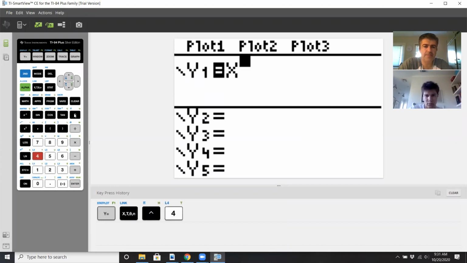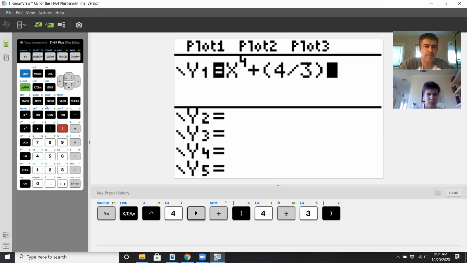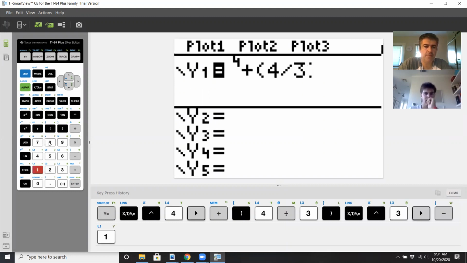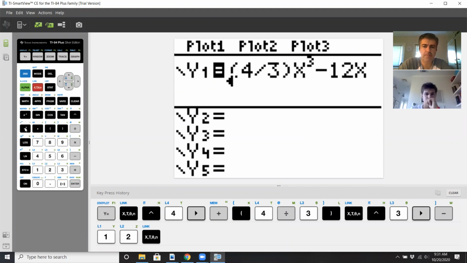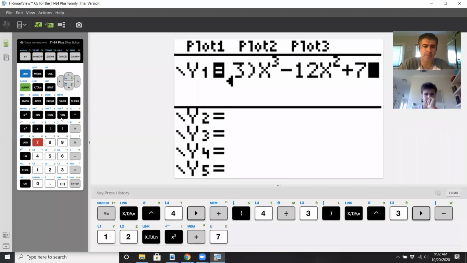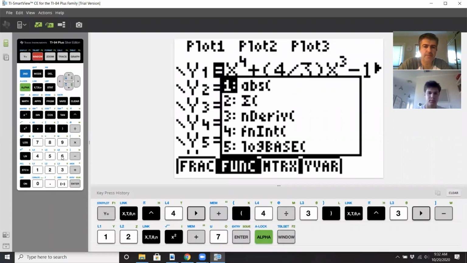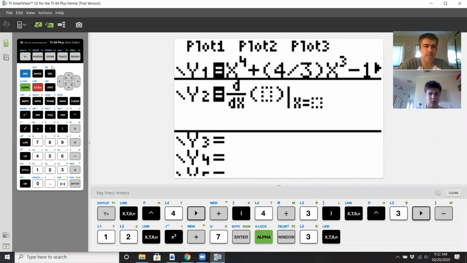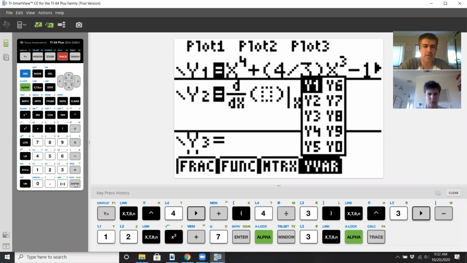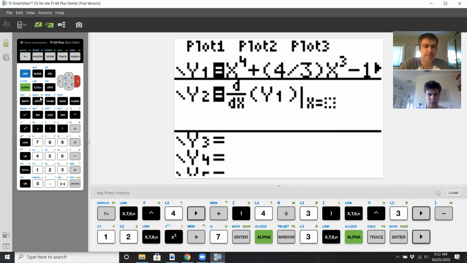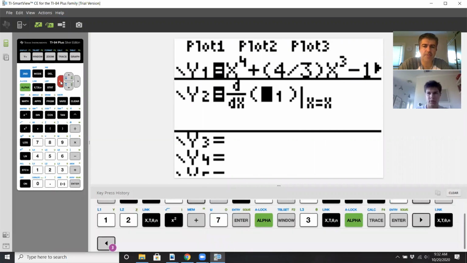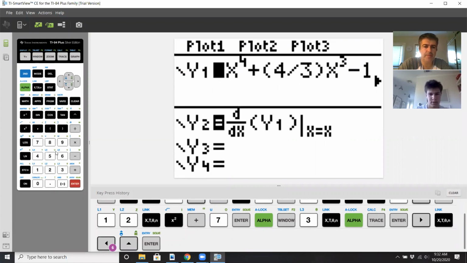X to the 4 power plus parentheses 4/3 x cubed minus 12x squared plus 7. Remember, I do alpha window and deriv, x alpha trace y1, x equals x. And I don't care to see the first one, so I'm going to turn it off. I really want to see the derivative. And we'll graph in the standard window.